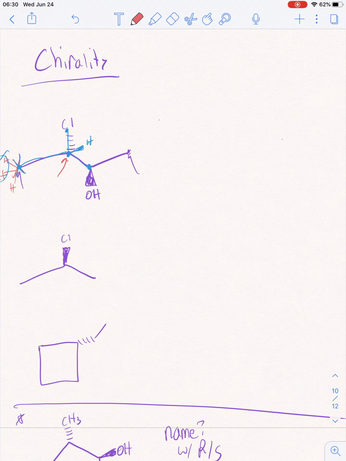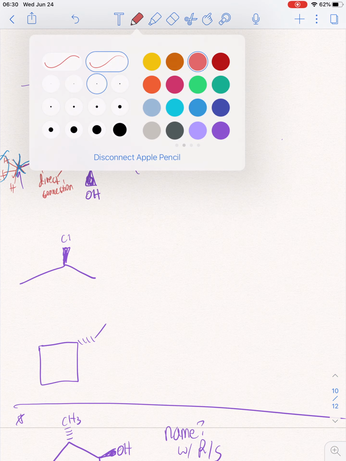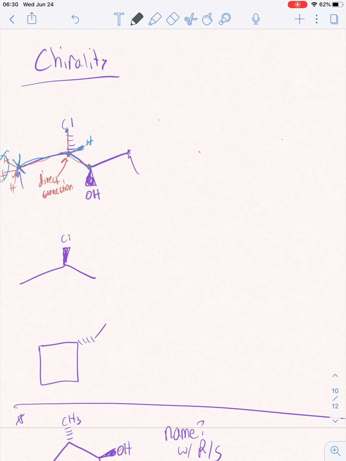We are only focusing on what this carbon is directly attached to when we assign priority, which I'll talk about once we discuss more about chiral centers. We need four different things. So we have a chlorine, a hydrogen, a carbon, and a carbon. So we have a tie between these carbons, and because of that, we have to move to these carbons.